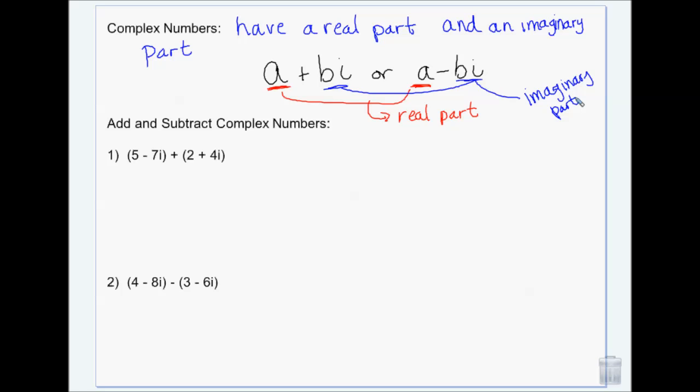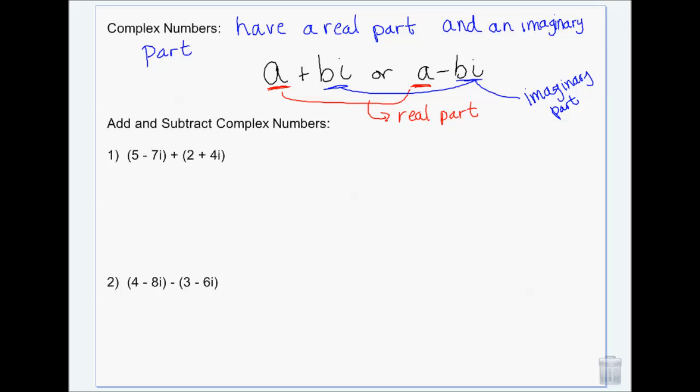And the reason that you can't put them together is because one part's real, one part's imaginary, so they're not alike. They're not like terms, they don't go together. Yeah, the fabric of the universe would collapse or something, I'm not sure. But real and imaginary together makes complex.